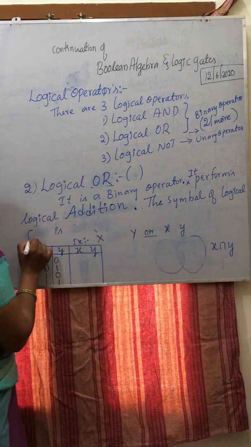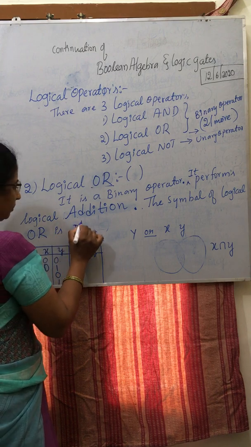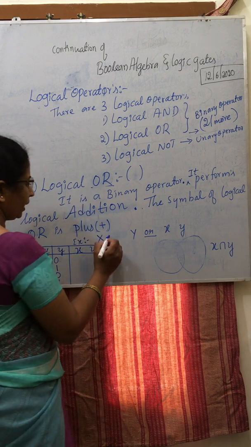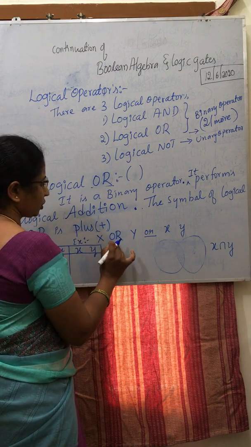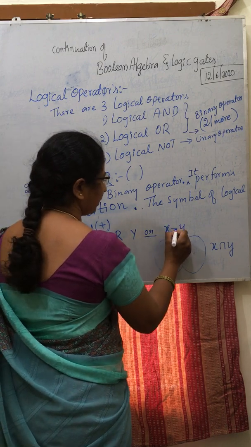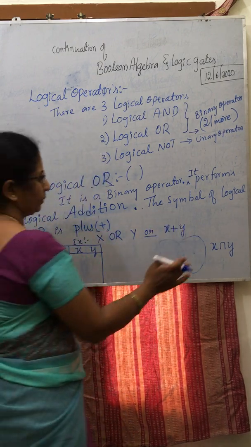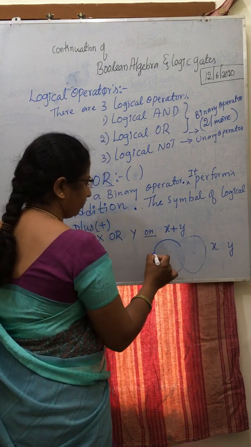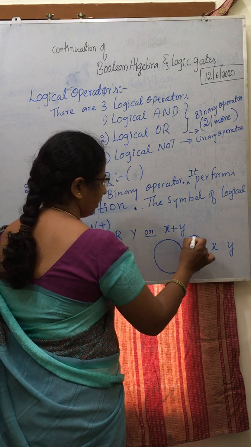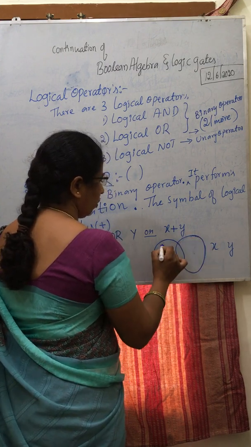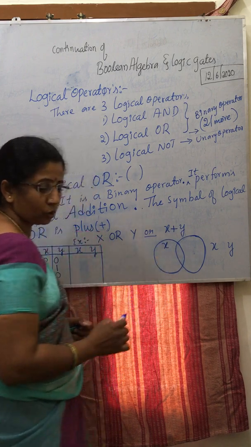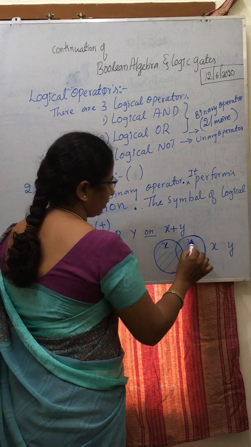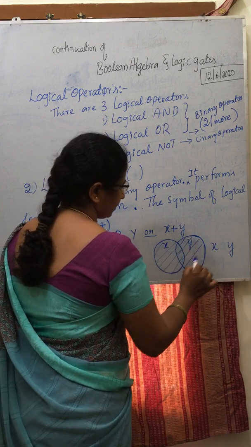The symbol of logical OR is plus. How can we write this? X OR Y, or X plus Y. How can we write the Venn diagram? Here, the value of X is possible, and this is also present.